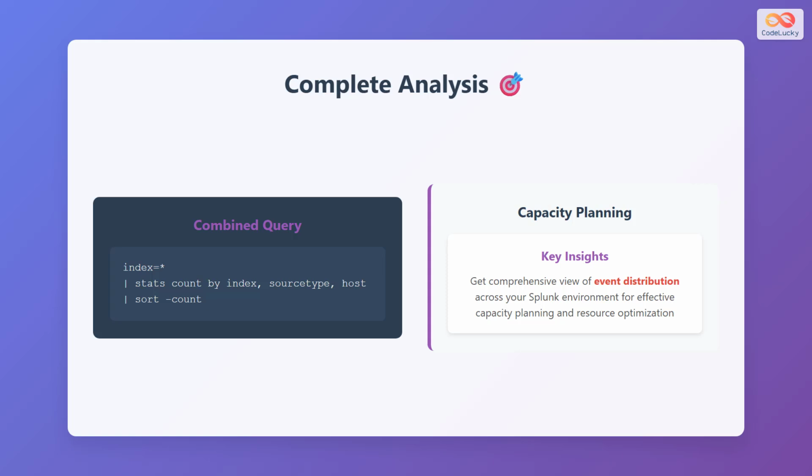The results give you key insights into how events are distributed across these three critical dimensions. This comprehensive approach is essential for effective capacity planning, as it reveals patterns and trends that might not be visible when analyzing each dimension separately. Understanding this complete picture enables you to optimize resource allocation, plan for future growth, and ensure your Splunk environment operates efficiently.